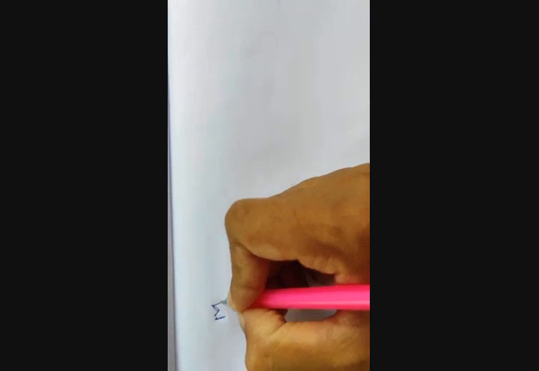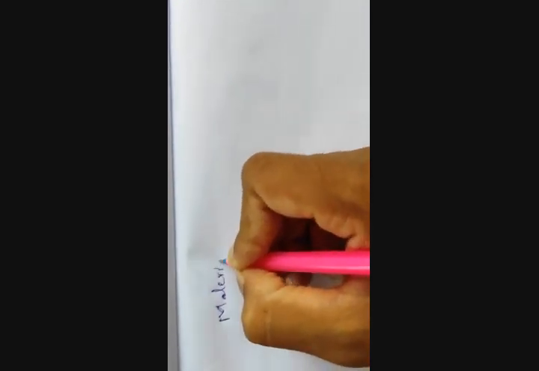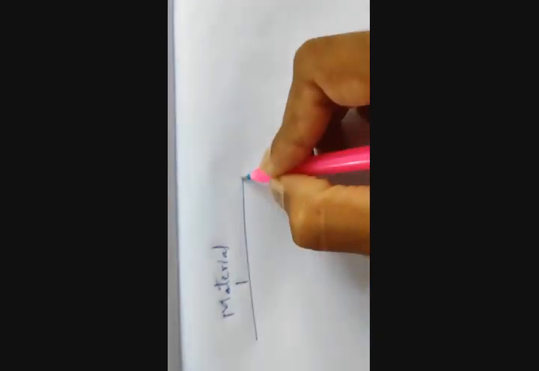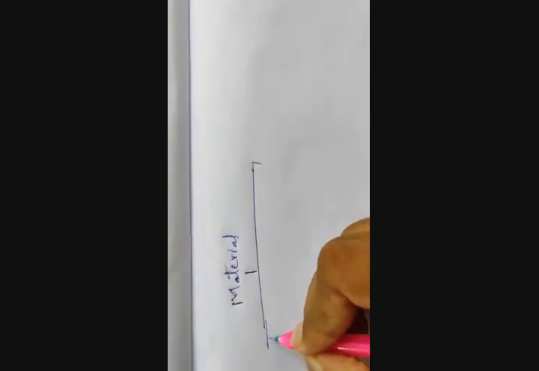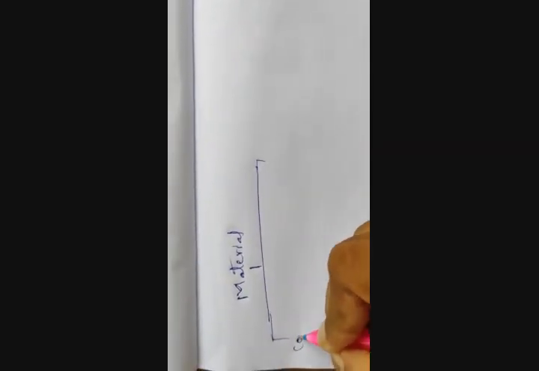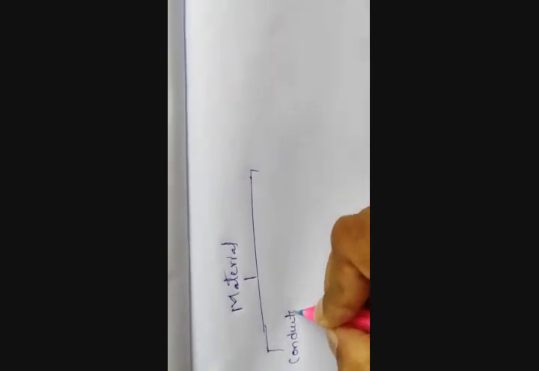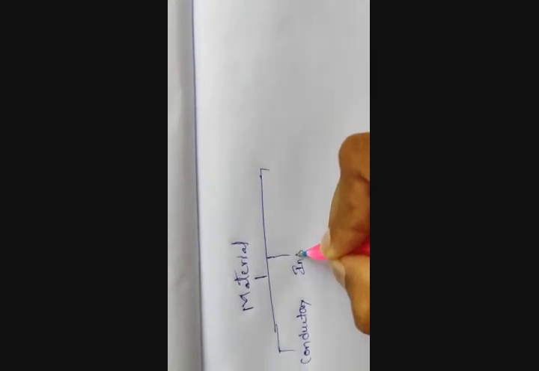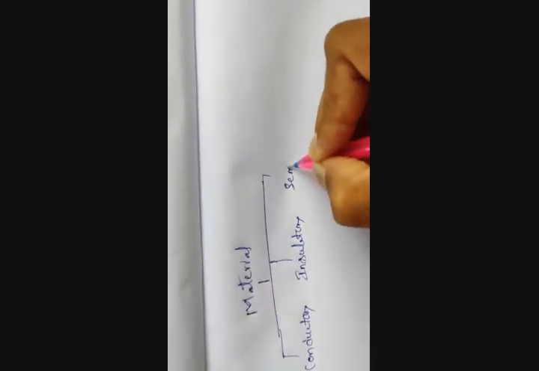Actually, materials are classified based on the valence electrons into three types. They are conductors, insulators, and semiconductors.